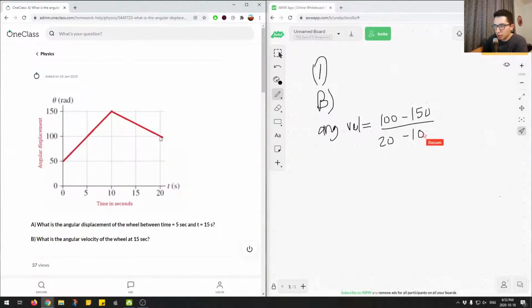So we just took final minus initial to do the slope, essentially rise over run. We take the 2 values on the y-axis, 100 for this point and 150 for this point, and similarly 20 for this point and 10 for this point on the x-axis. We end up with negative 50 over 10, which gives us negative 5 radians per second.